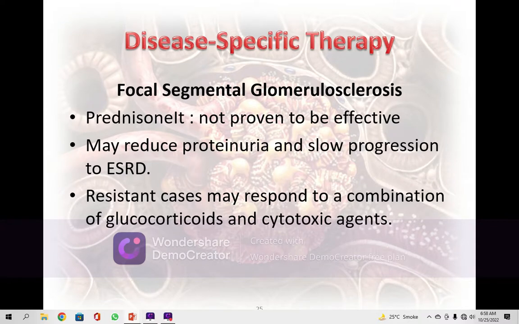For focal and segmental glomerulosclerosis, again it is autoimmune in nature, but prednisolone is not effective. It may reduce the proteinuria and slow progression only. It is not a good outcome disease. The resistant cases may respond to glucocorticoids along with immunosuppressive agents.